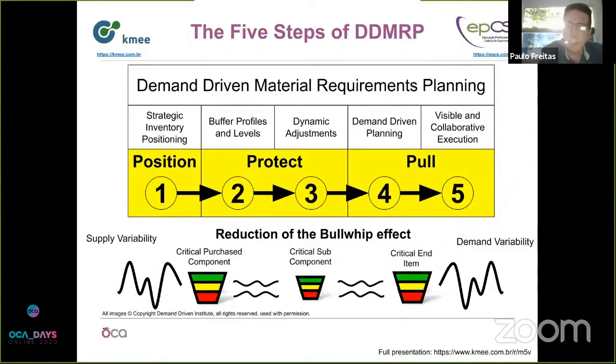That's a high variability signal. And all those delays and all those wrong informations about forecast and market values and so on can be blocked by a buffer at the critical component side and a buffer at the finished product side. And you may even have a buffer in the middle if it is justifiable.